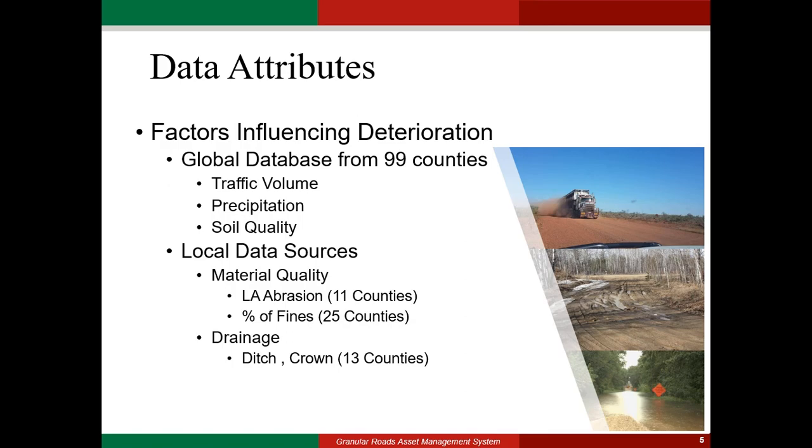And we developed a global database with information from all 99 Iowa counties. We also developed a local database where we have the rock material quality data such as LA abrasion and fines content, and drainage information from a couple of Iowa counties.